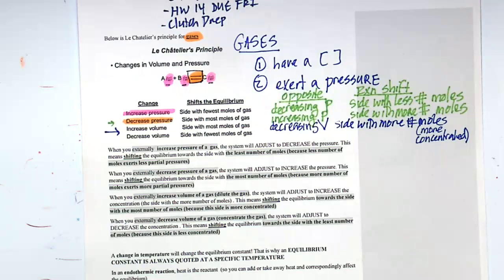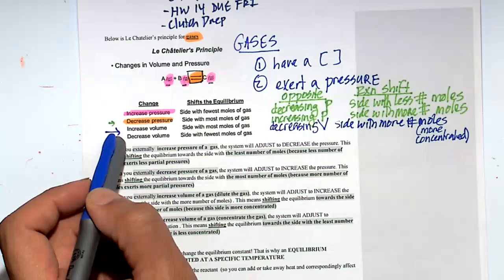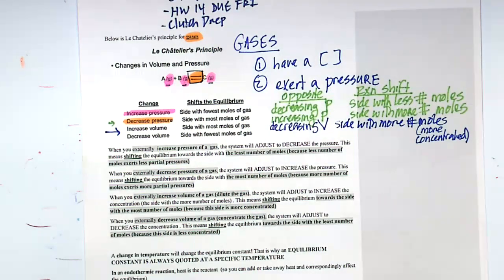On the notes, doesn't it say decreased volume, and then it says with moles and fewer moles? That's what I'm confused about. Because when it says increased volume, it says side with less volume. Yeah, that's more concentrated. The side that's more concentrated has a decreased volume.